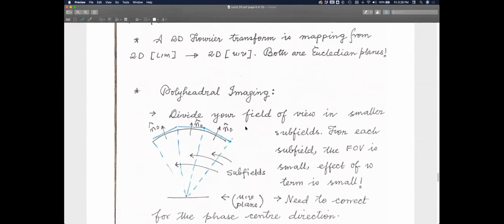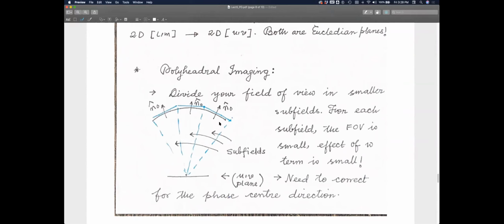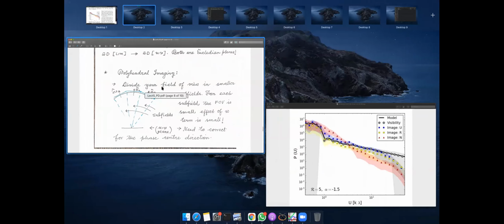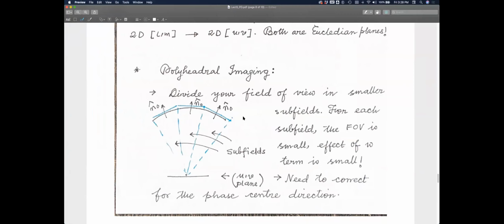Now to do this, you have this entire thing as your field of view. Remember that if I have a point source, for example, not at the phase center but somewhere else, that amounts to a certain phase in the visibility, right? Last time we discussed this, I don't have the slide now, but it amounts to a certain phase in the visibility if you are looking at a direction other than the direction of your phase center.